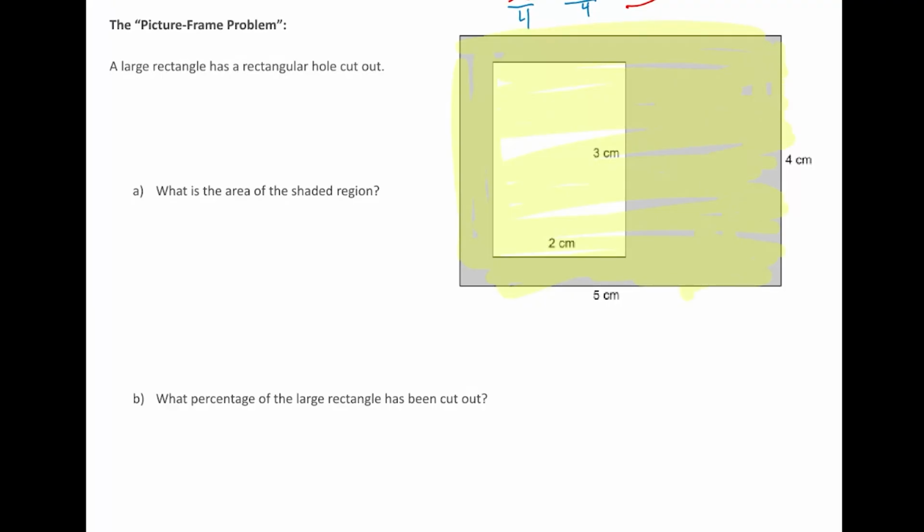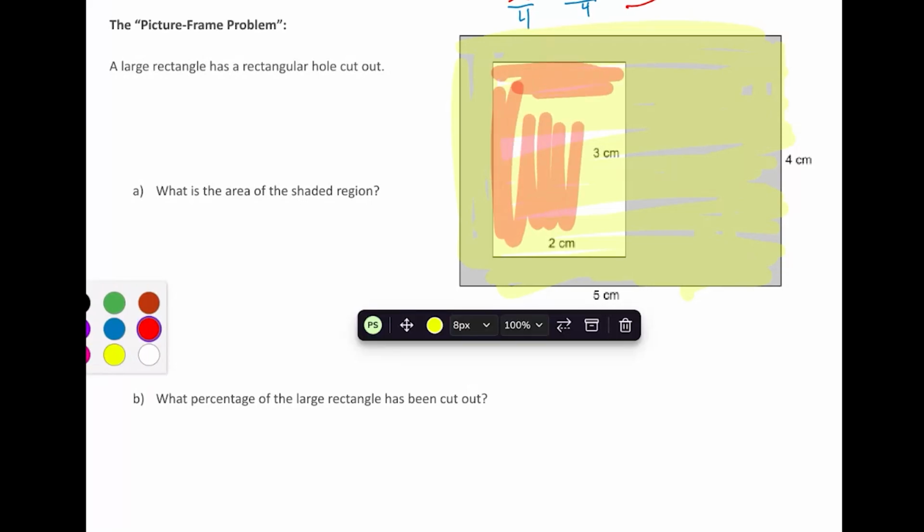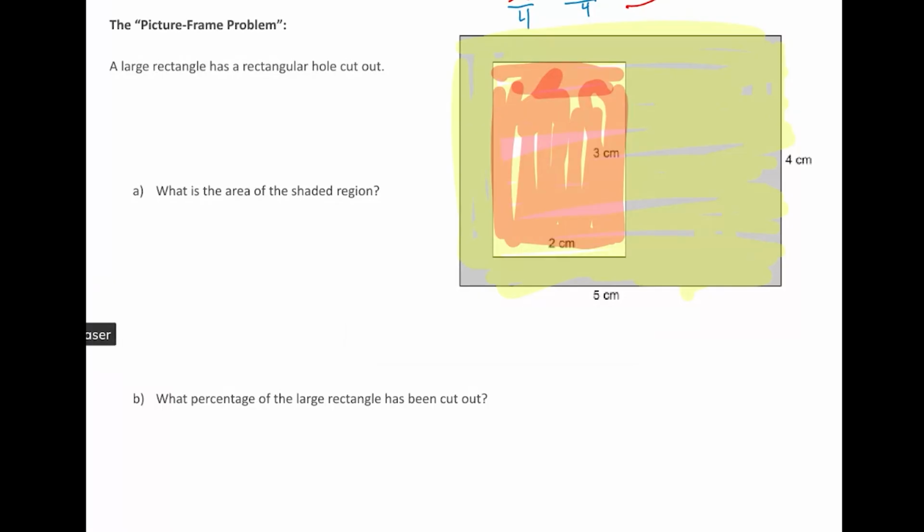And then we're going to remove the piece that we don't want, which would be all of this area in here. All right, we're going to get rid of this piece. So just strategically here, we want to find the area of the big shape minus the area of the small shape.